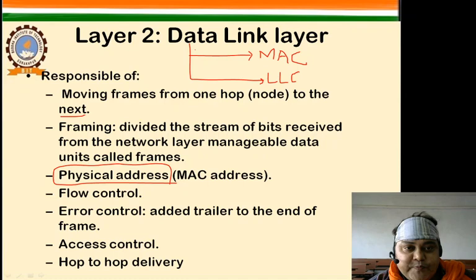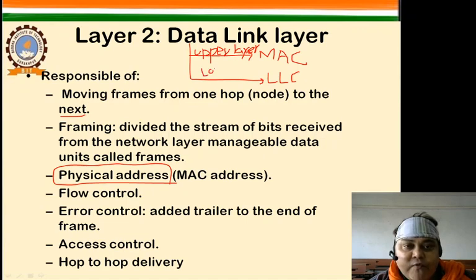So this data link layer is divided into two sublayers. The upper layer is the MAC layer and the lower layer is known as the logical link control layer.